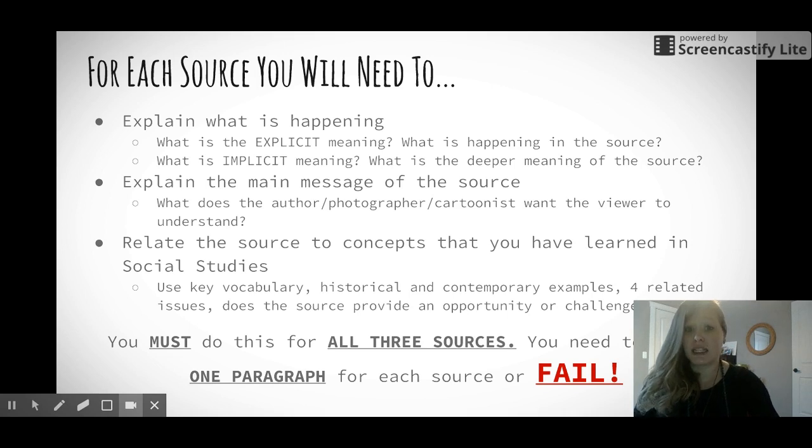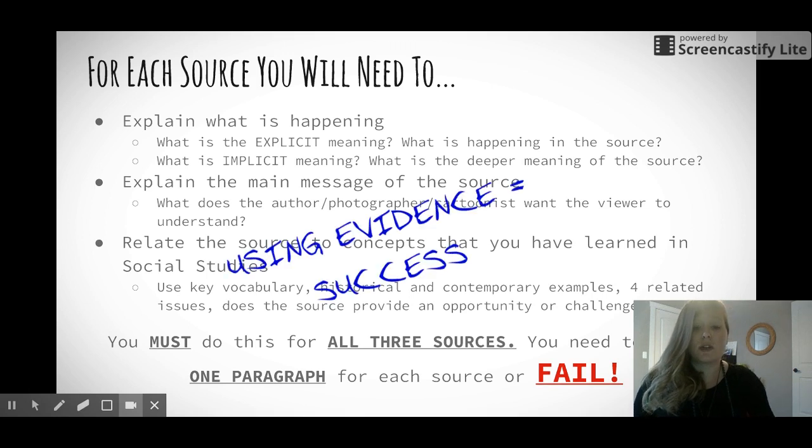What is the implicit meaning? So what is the deeper meaning of that source? The next thing is you have to explain the main message of the source. So what does the author, photographer, or cartoonist want the viewer to understand? So what is that source telling us? You need to relate that source to the concepts that you've learned in your social studies course. So this means you have to use key vocabulary, historical and contemporary examples.